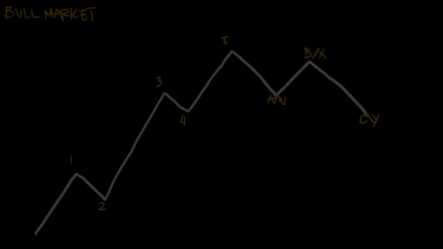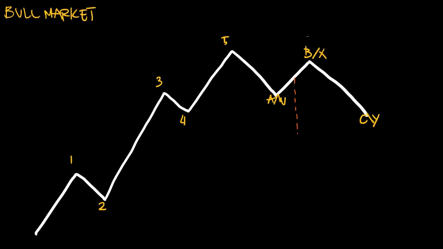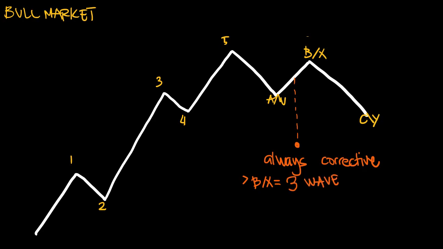The third and last point is that wave B or wave X is always corrective, whether wave B is inside a flat or a zigzag, or wave X is inside a double zigzag or a double three combination. It always follows that this part of the trend should be subdivided into its own 3 waves.